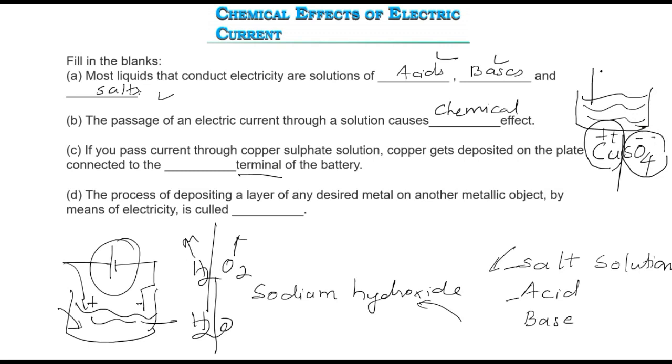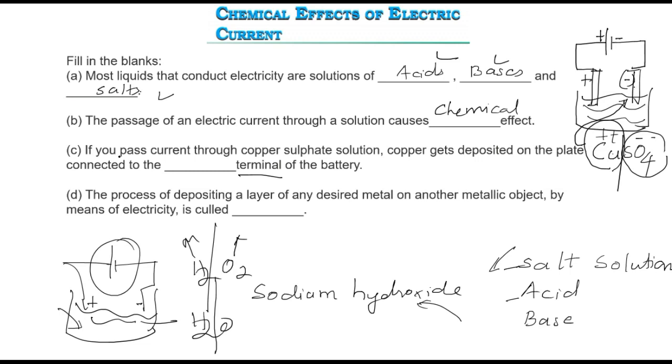So terminal means any metal rod here, right? Any metal rod, and that metal rod is connected to a battery, and if the battery, this is the plus end and this is the minus end, so this becomes a positive terminal, this becomes a negative terminal. So copper will go to the negative terminal because they are unlike charges, right?